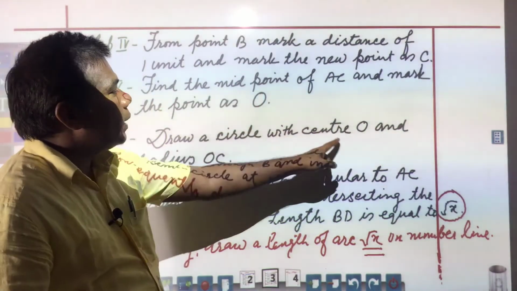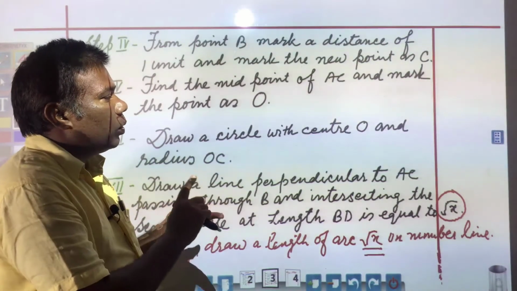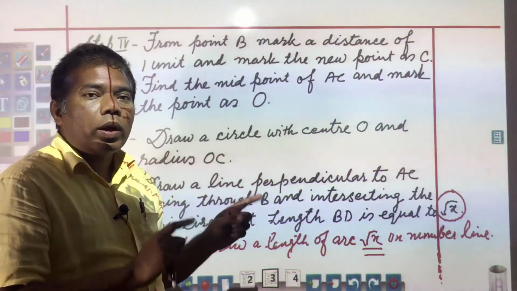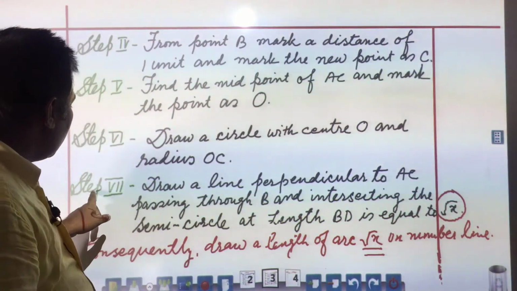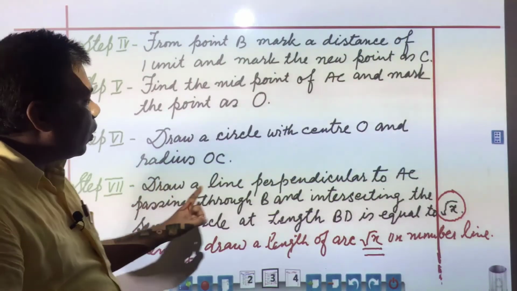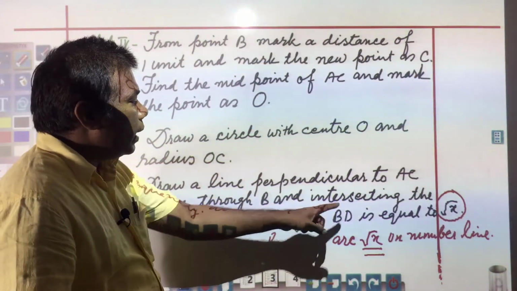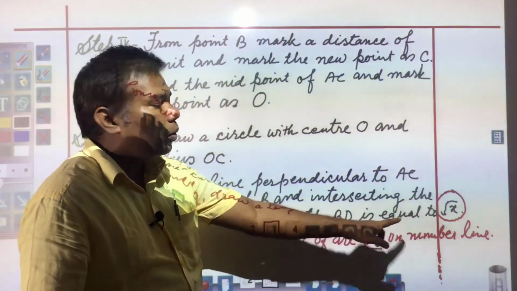Draw a circle with center O and radius OC. Suppose your center is O, take OC or OA as radius and make a semicircle. Step 7, draw a line perpendicular to AC passing through B and intersecting the semicircle at D, so that BD is equal to root x.